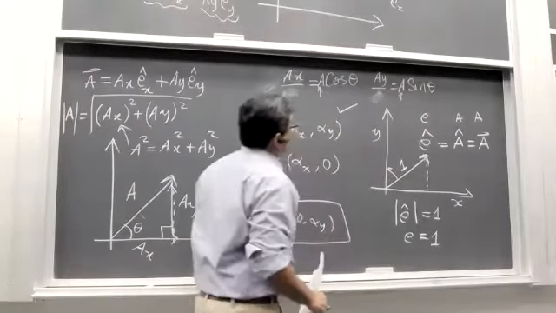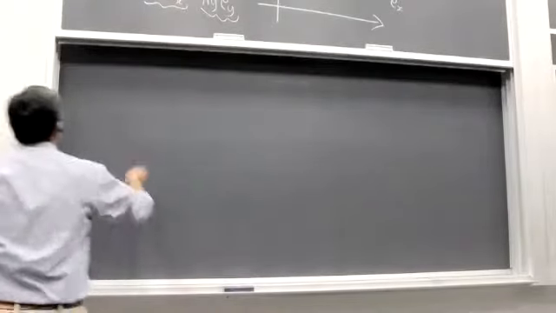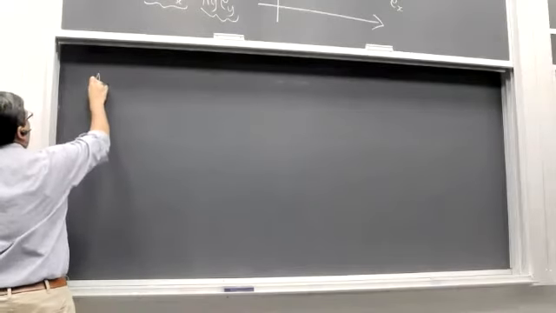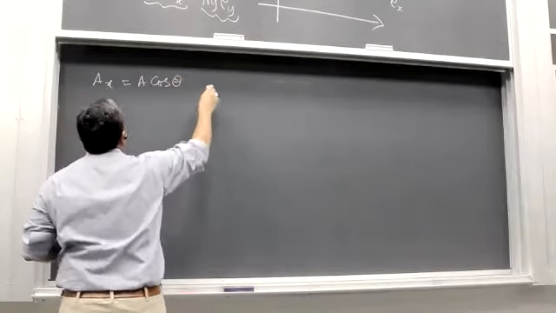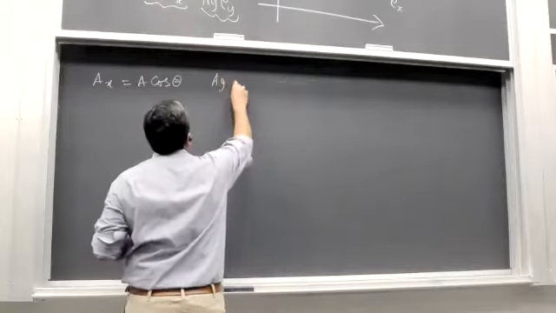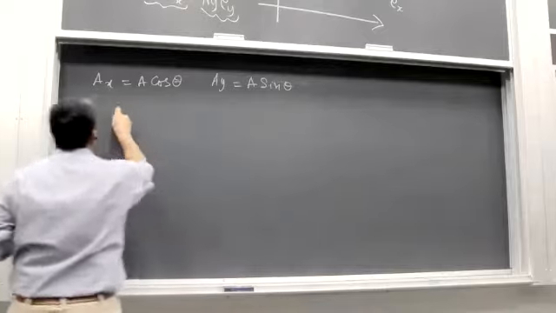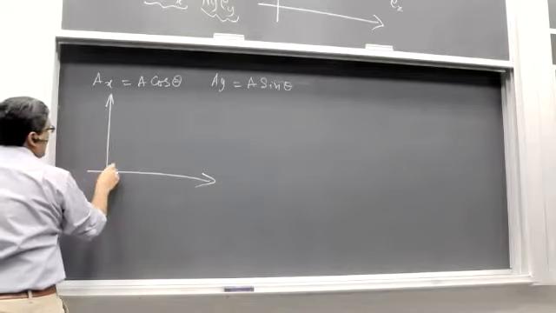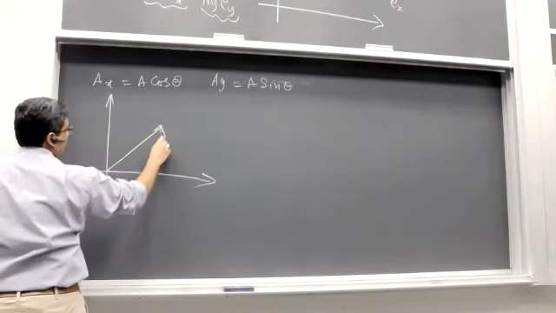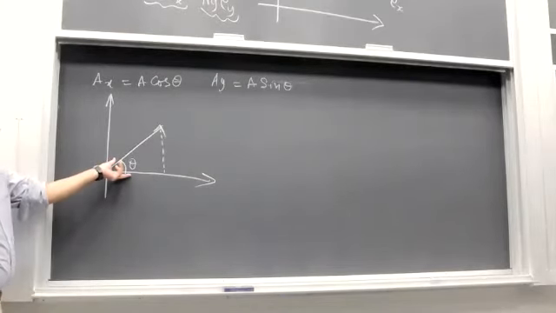And you can test it. For example, if you have ax equal to a cosine theta and ay equal to a sine theta, and if you take the picture here, so let's say if theta is 0, what would be the x component then?